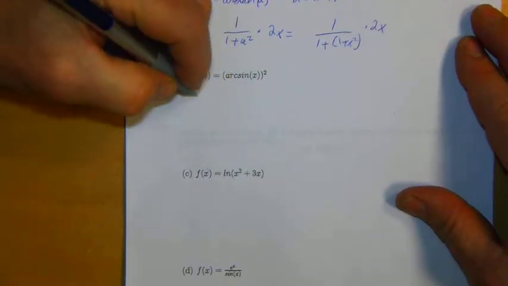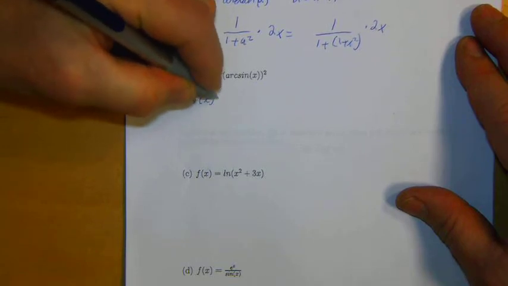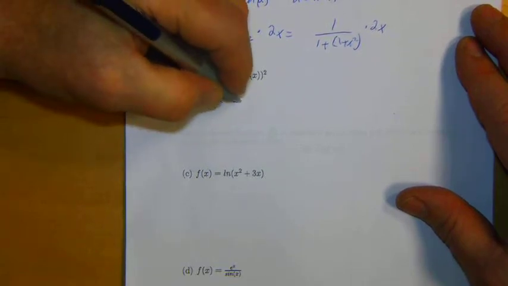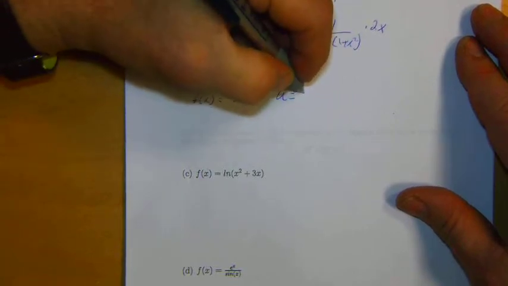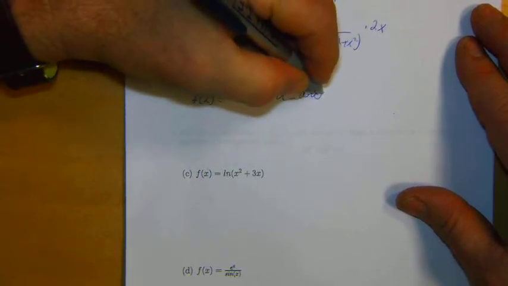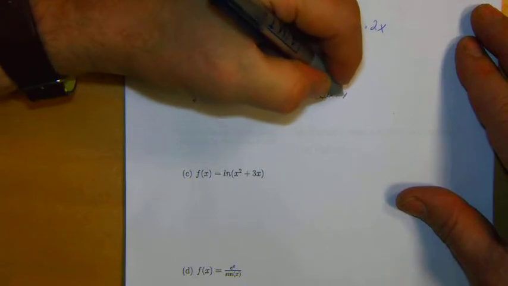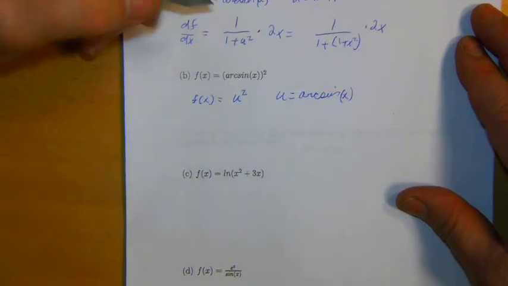Okay, next one. Here, f of x is equal to u squared, where u is equal to arcsine x. Okay?